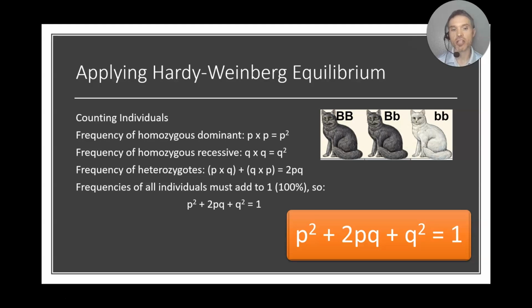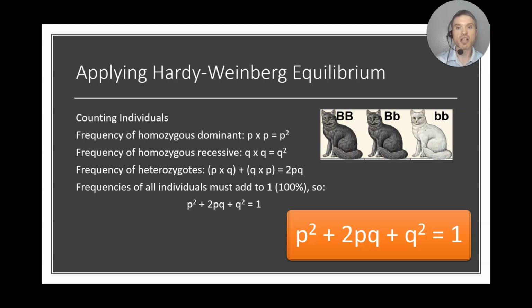Our second equation is a little more complex. This occurs when we're actually counting individuals. Remember that our individuals can be homozygous dominant, big B in this instance. They can be homozygous recessive, small b, or they can be heterozygote, big B, small b. So if we put this together, remember big B, which is our dominant allele, is represented by p. p times p is equal to p squared.